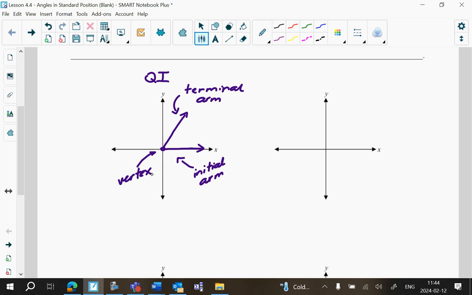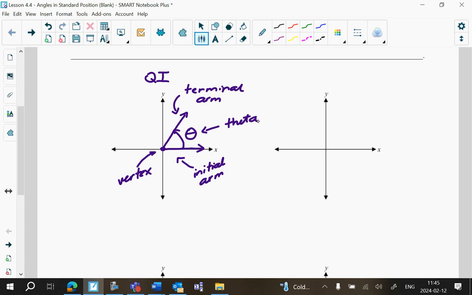So we measure this angle, and often we will call this angle using the Greek symbol, theta. It looks like a 0 with a vertical bar. I'm sure some of you are familiar with it. So we would say this angle is in standard position in quadrant 1.